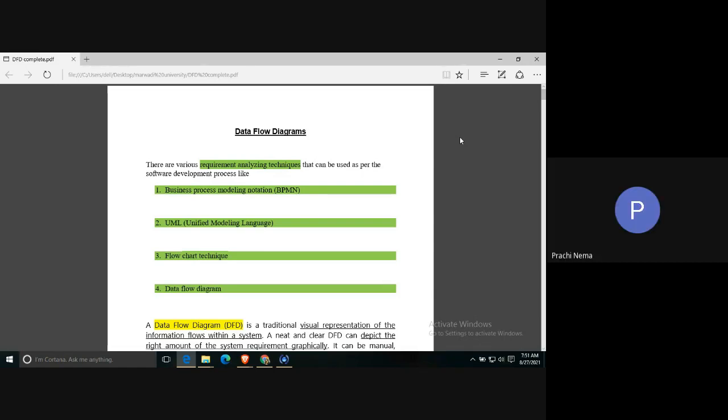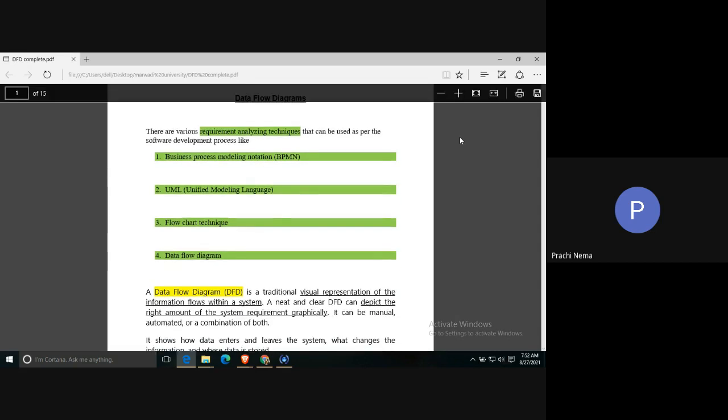Before this, you have studied the other types of diagrams, so you must have made those diagrams for your relevant project. In the same way, this DFD is supposed to be made for your project. So you first understand the concepts and then you can proceed further.